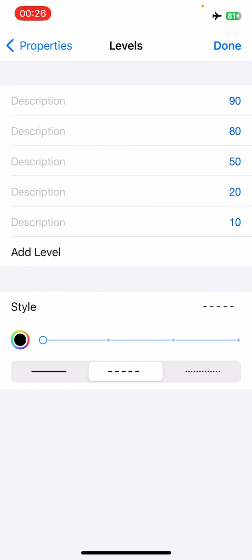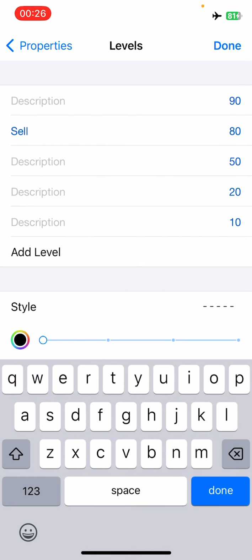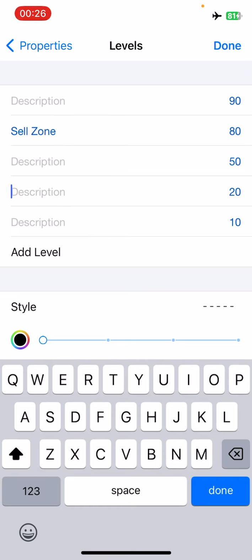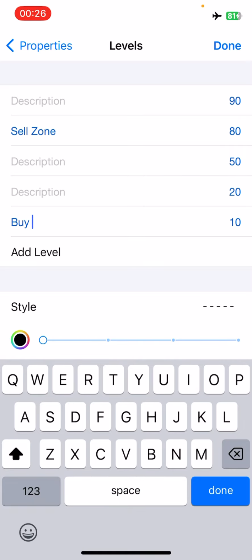We're going to need the following levels that you see on my screen: level 90, level 80, level 50, level 20, level 10. I think it's pretty better if we label our zones. So I'm going to just label my level 80 as a sell zone, and I am also going to label my level 10 as a buy zone.